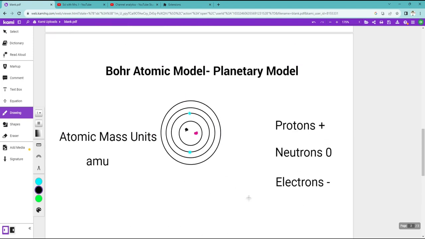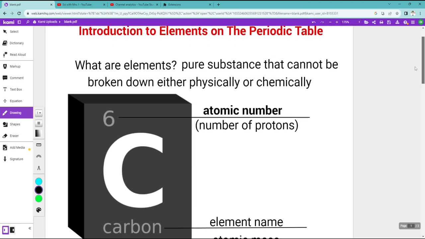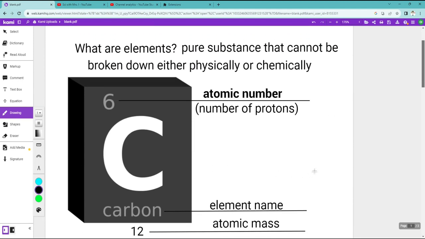So this is a very basic introduction to elements and atoms. We've talked about the way a periodic table is arranged. It's arranged by atomic number, which is the identity of the atom. It's also the number of protons, and it will not change. Carbon's always going to have an atomic number of 6.